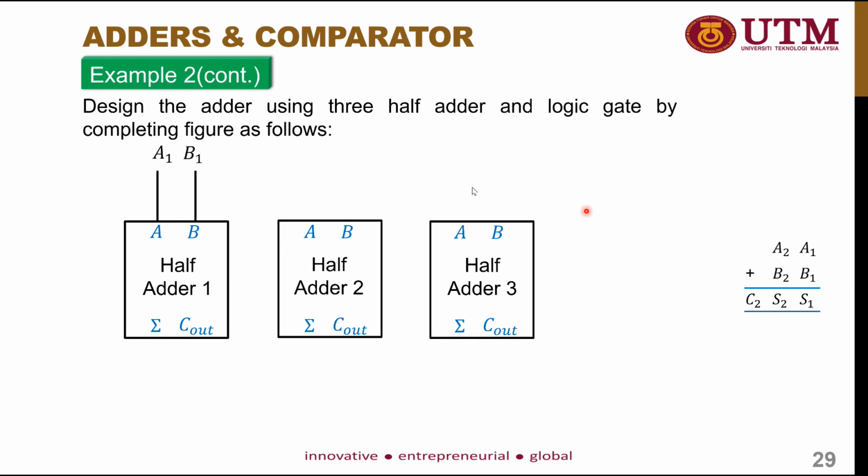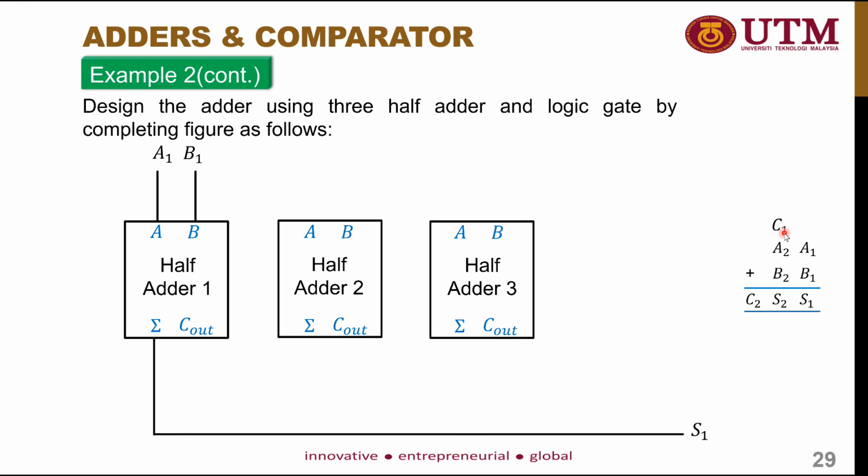A1 and B1 you can directly connect to half adder 1. From the output of the first half adder, you will get a sum, which will be directly connected to S1. Then you have another output called Cout, which becomes the output carry of the first half adder.